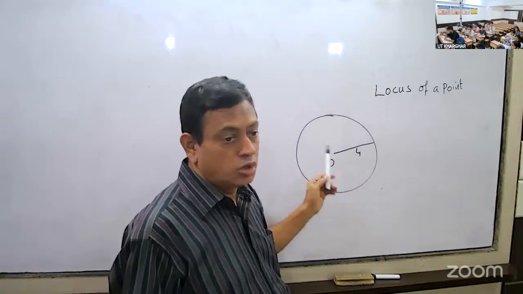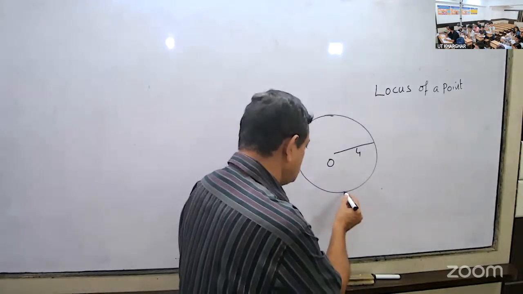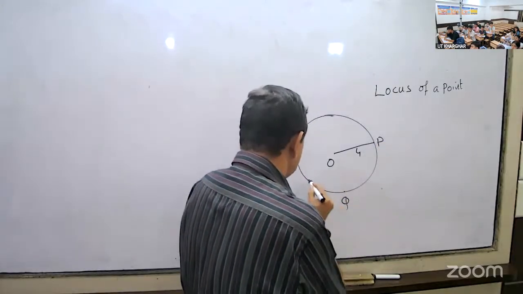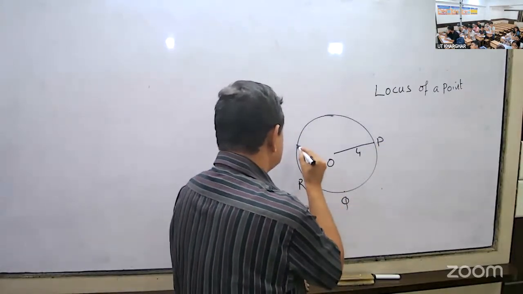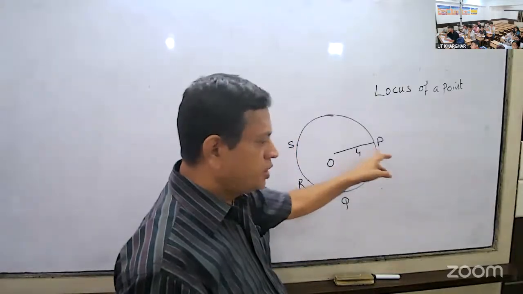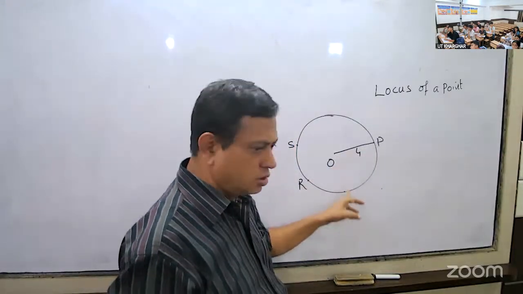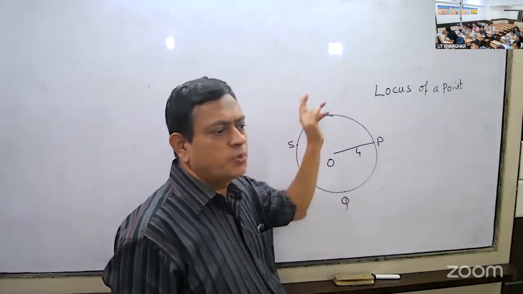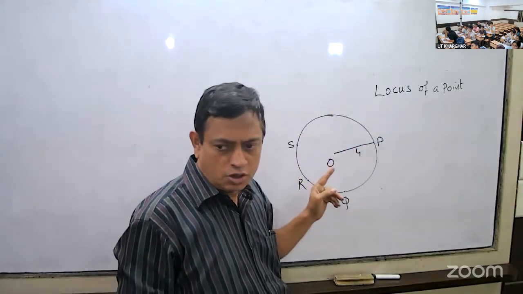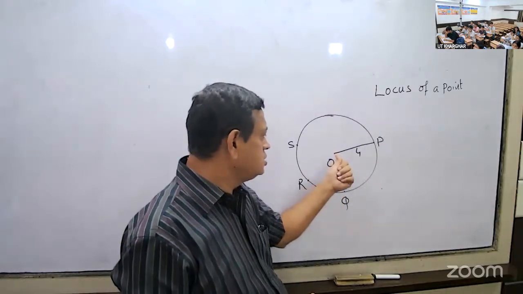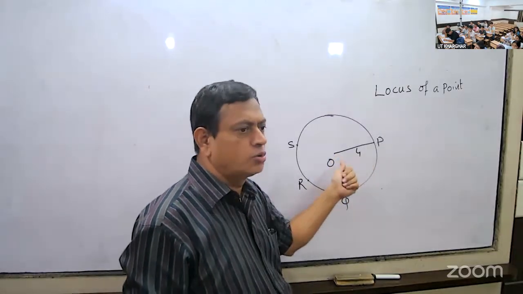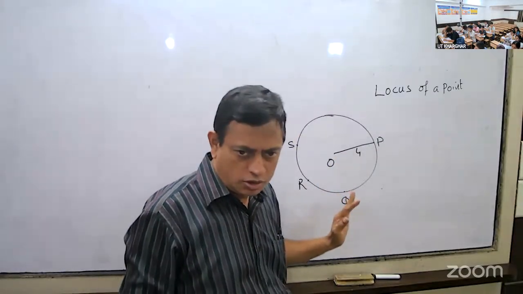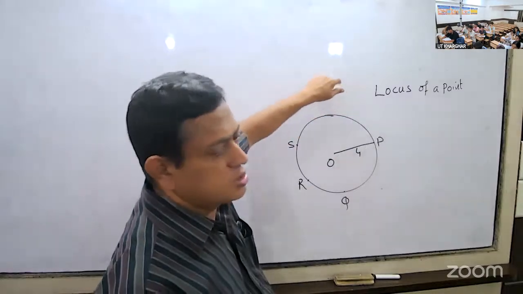From O. That means any point, if you take P or Q or R or S, OP is equal to how much? 4. OQ is equal to 4. OR is equal to 4. OS is equal to 4. All these points have a common property. What is the common property? It is at a distance of 4 units from O. Therefore, we say this is the locus of points. Have you followed? So, here we got locus is a circle.